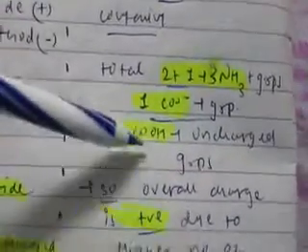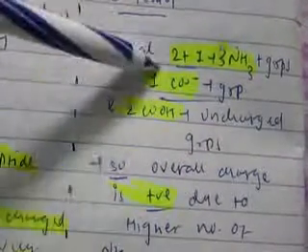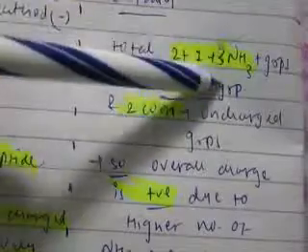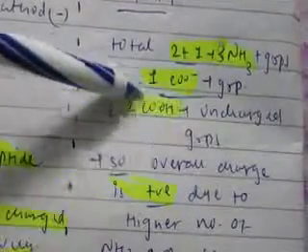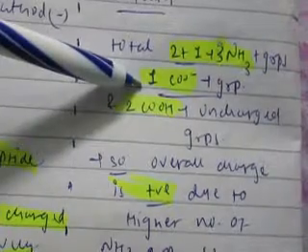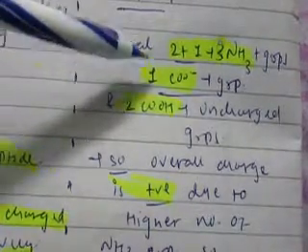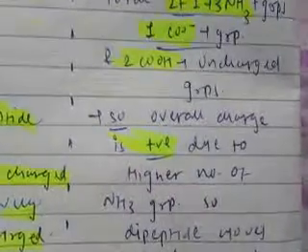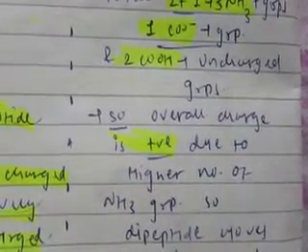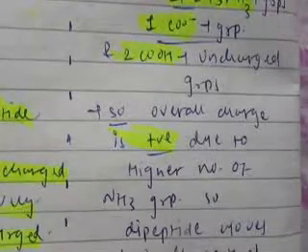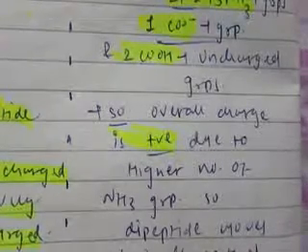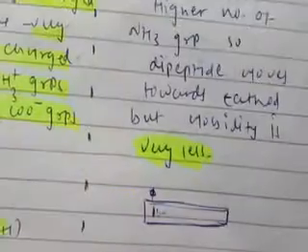So the overall charge is positive, because 3 positively charged amino groups are present and only 1 negatively charged carboxylate ion is present. So yes, there are chances that the positively charged dipeptide will move towards the negatively charged cathode when it is applied to the electrophoretic well.